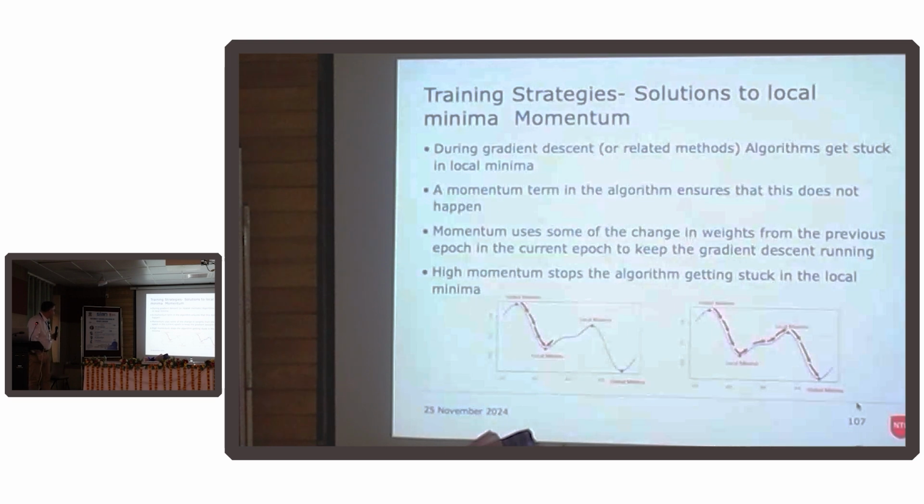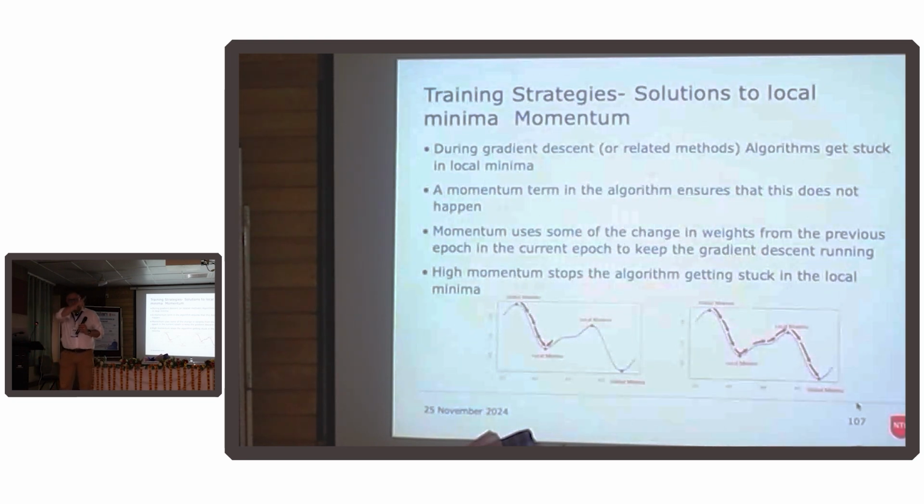Okay, so this is the other solution. This is the momentum solution. So doing gradient descent, algorithms get stuck. The momentum term ensures that this doesn't happen. So it means that the ball has a speed and a weight and it keeps going.